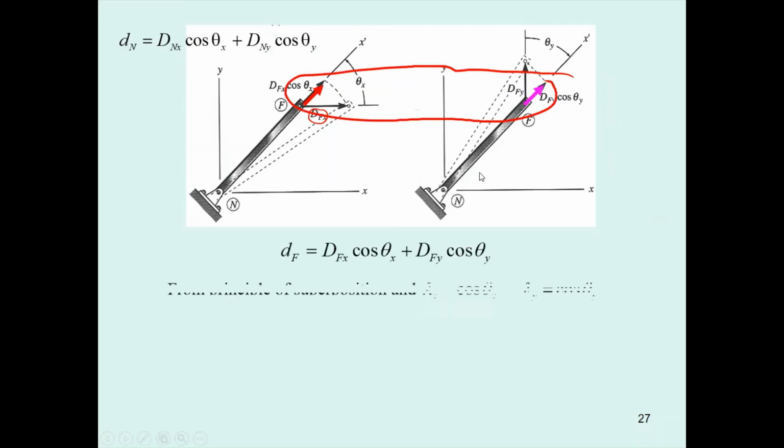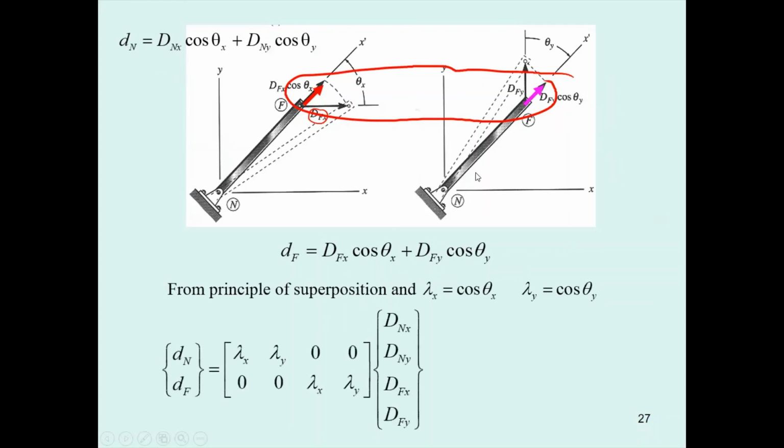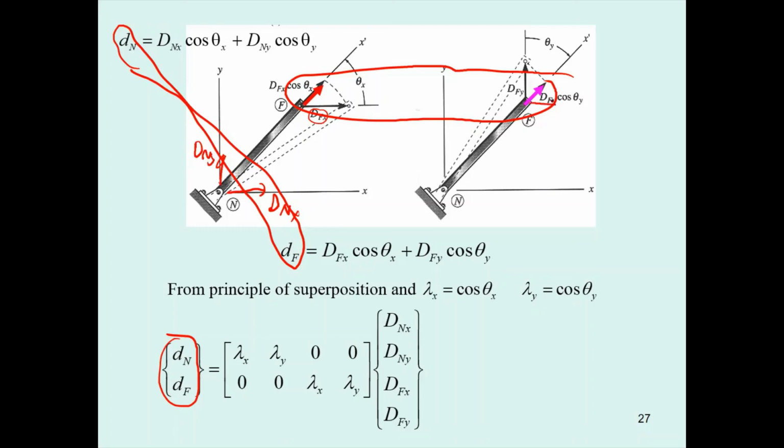Now you can write the equation for d sub n and d sub f in relationship with the capital D. They are capital. This one d sub nx, this one d sub ny, this one d sub fx, this one d sub fy, in this manner.